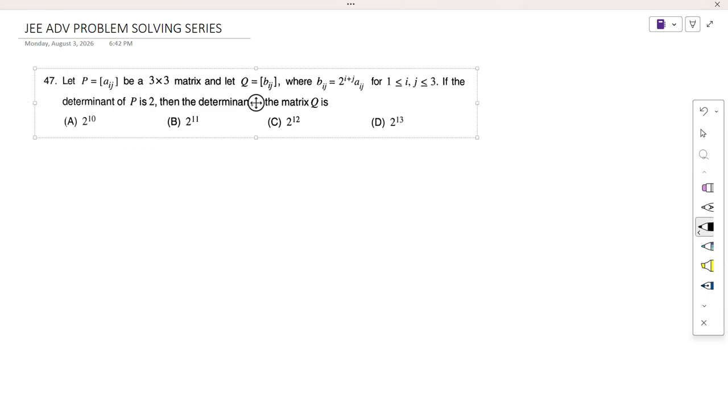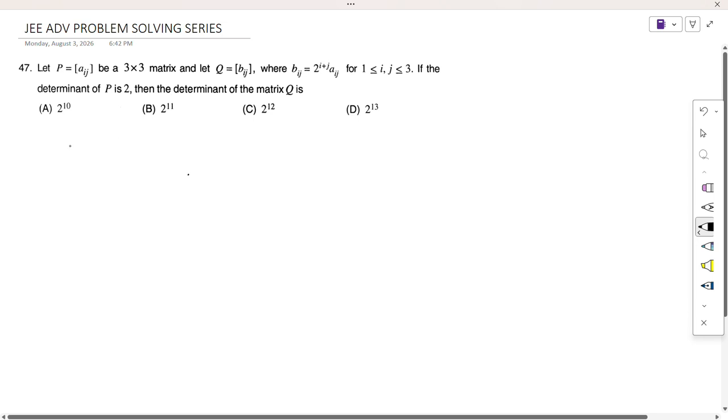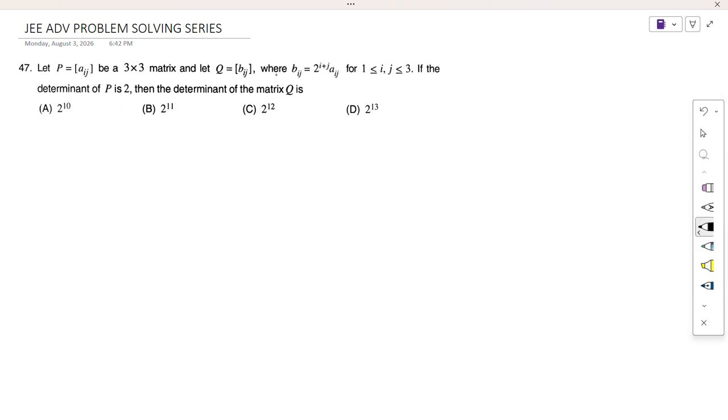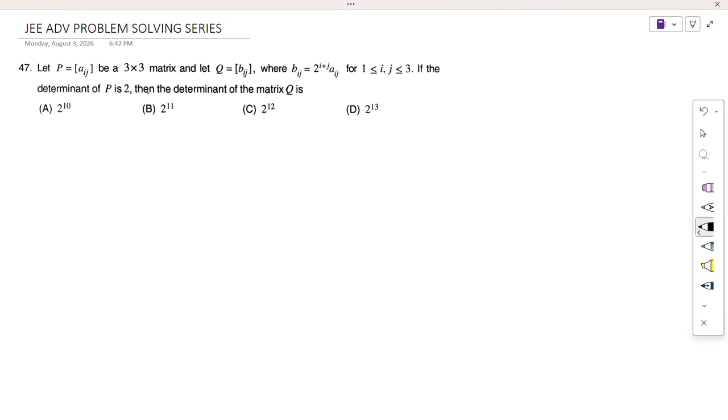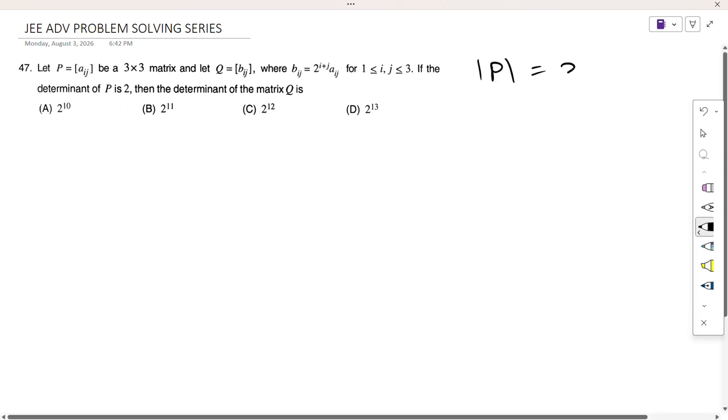The question says that P is a 3 cross 3 matrix and Q is also a matrix where the entries inside Q are 2 raised to I plus j times the entries in the P matrix. So this is a custom matrix in the question where I and j lie between 1 to 3, and the determinant of P is given as 2. Then we have to find the determinant of matrix Q.